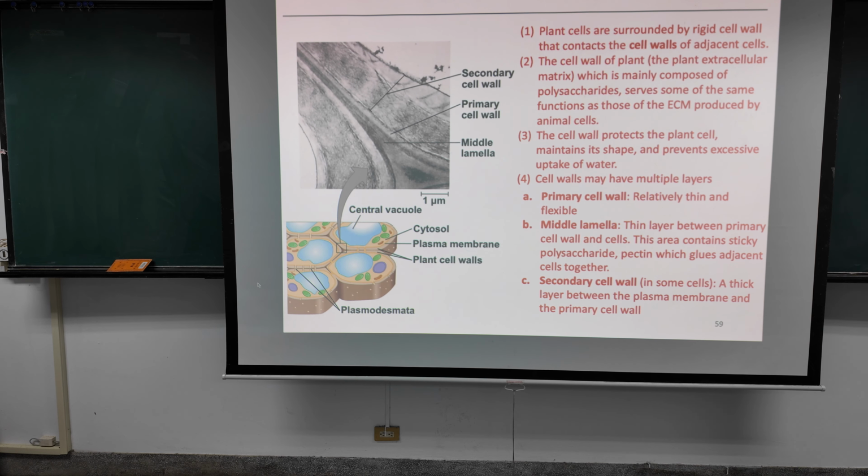After introducing so many different animal cell topics, now we shift to the plant cell. This is one plant cell, this is the plasma membrane. They also have an extra matrix, which is the cell wall. There is the primary cell wall, the secondary cell wall, and some middle lamella.